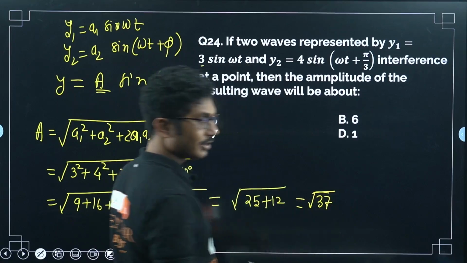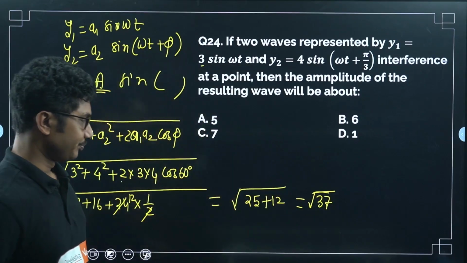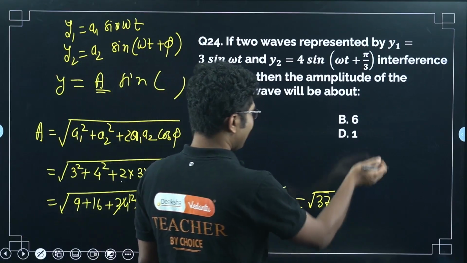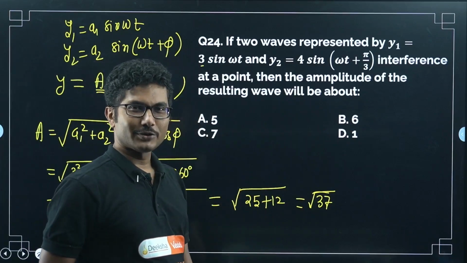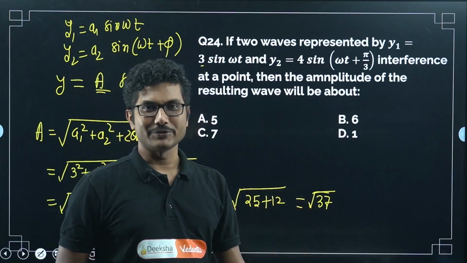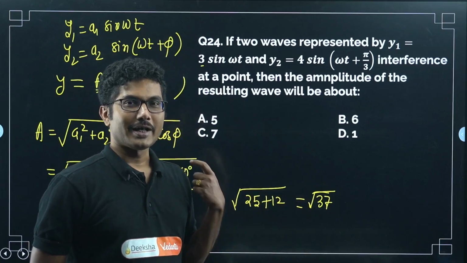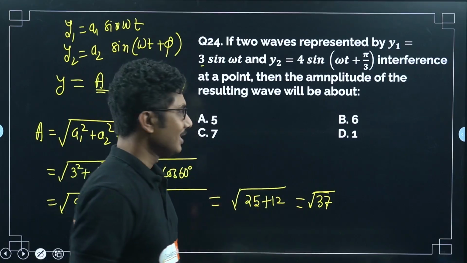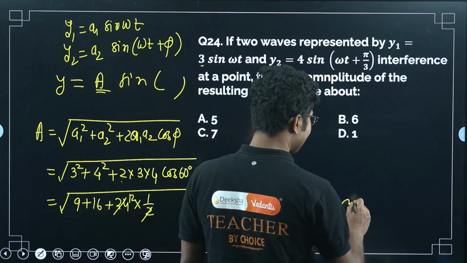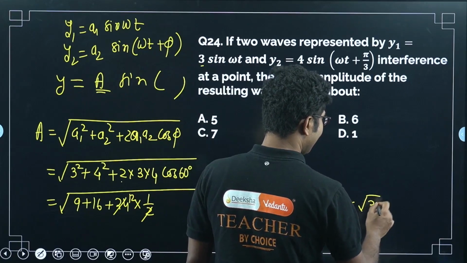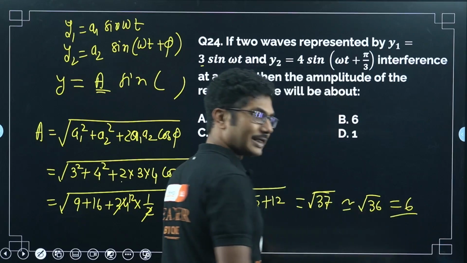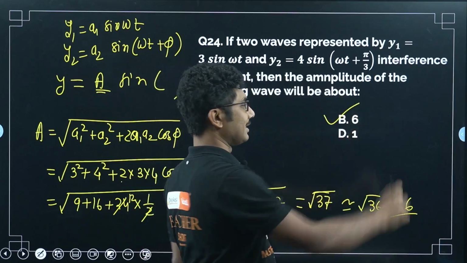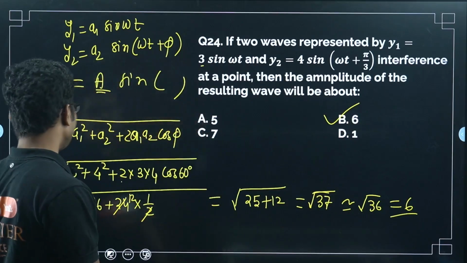But this is a prime number, and all the answers are given as single digits. How is that so? Because 37 is very close to the number 36, and the square root of 36 is 6. So the correct answer is 6, the closest answer obviously, right?